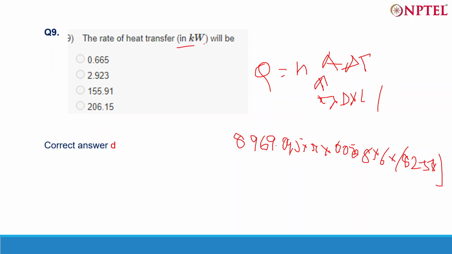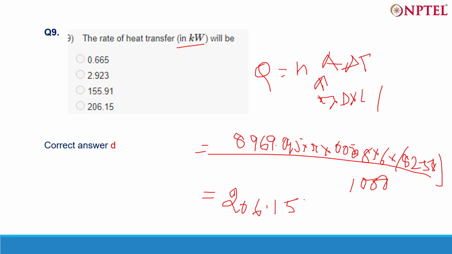Since it is asking kilowatt, divided by 1000. So the correct answer will come at 206.15 kilowatt.